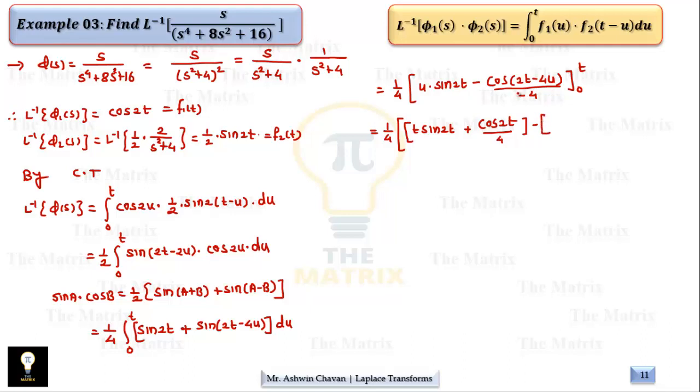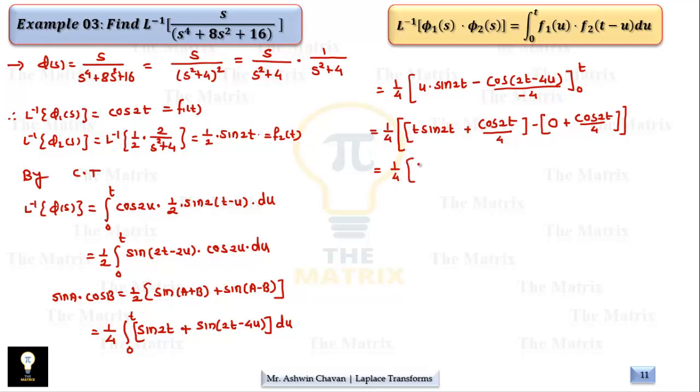Put u equal to 0. The first term goes to 0, then again minus and minus is plus, and u is 0, so the remaining part is cos 2t upon 4. We'll open the brackets.